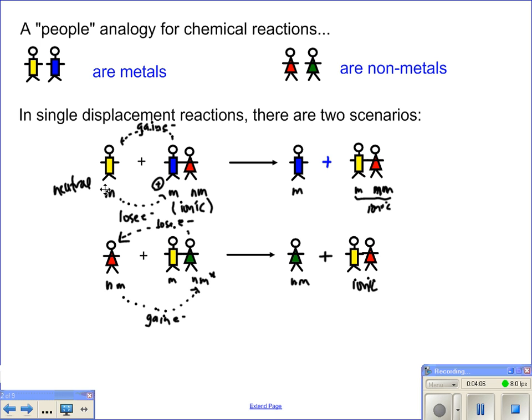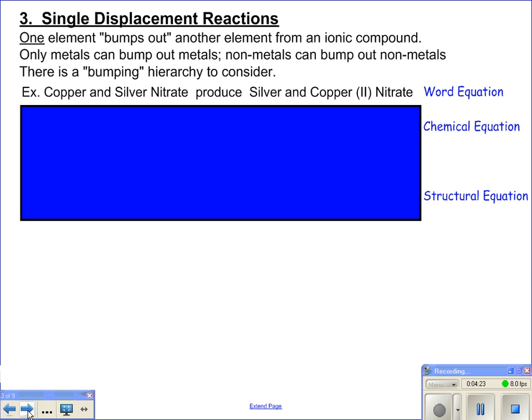So those are the two scenarios in which case an element can take out its similar type of element in an ionic compound, but there's also a charge change that must take place as well that unfortunately our little family scenario can't quite illustrate. But in order to be able to illustrate it, let's go straight to some examples.